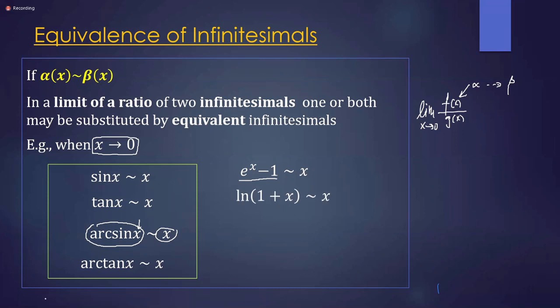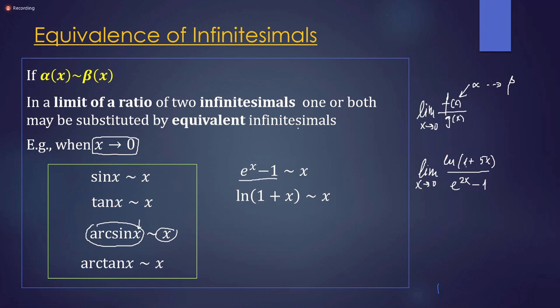So this actually means that in a situation where I have the limit of ln of 1 plus 5x divided by e to the power 2x minus 1, this is a crazy limit when x tends to 0. It looks rather crazy, but because this is infinitesimal, because ln of 1 is 0, and e to the power 0 is 1, the denominator is also equal to 0.